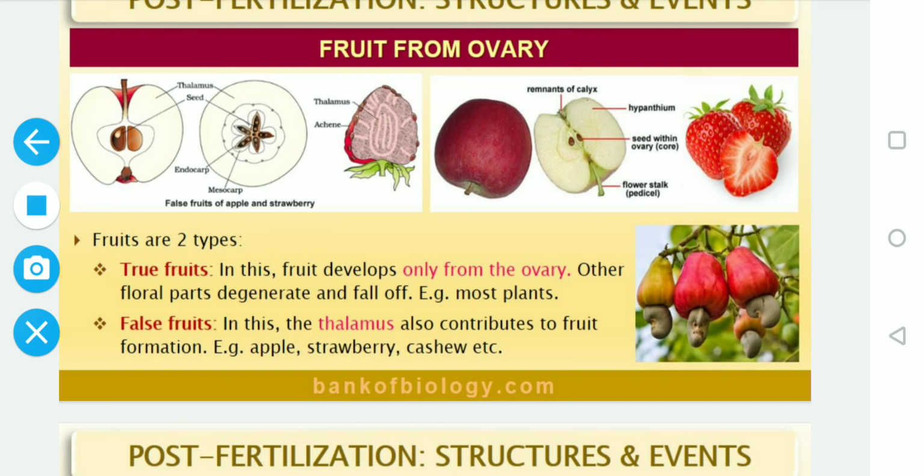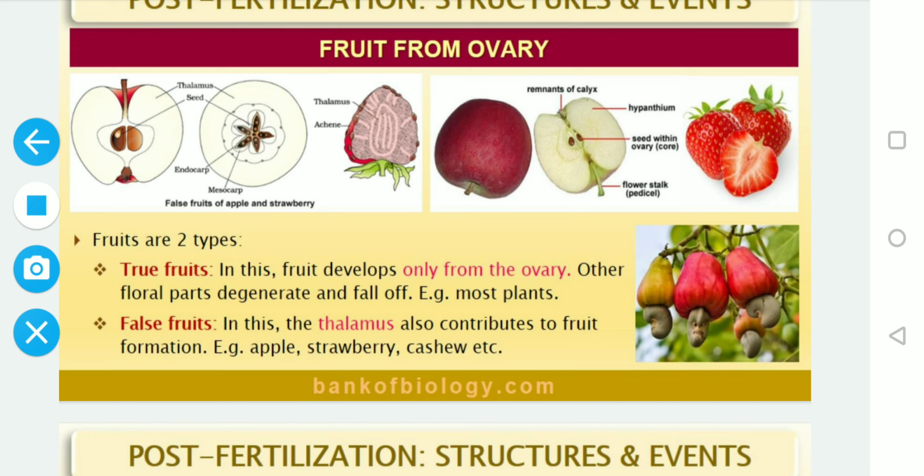False fruits develop from parts other than the ovary. For example, here the examples given are apple, strawberry, and cashew. These fruits arise from other than the ovary, actually from the thalamus. Observe the diagram.